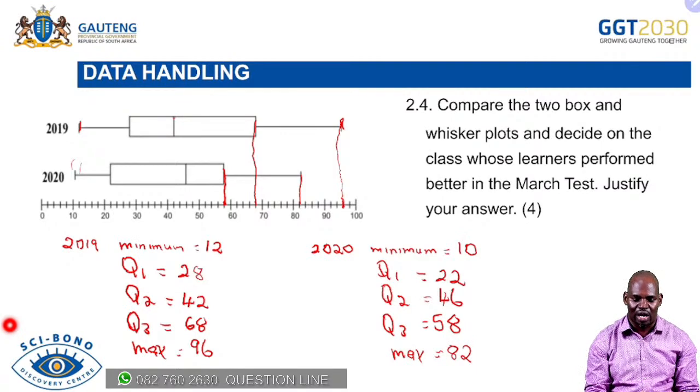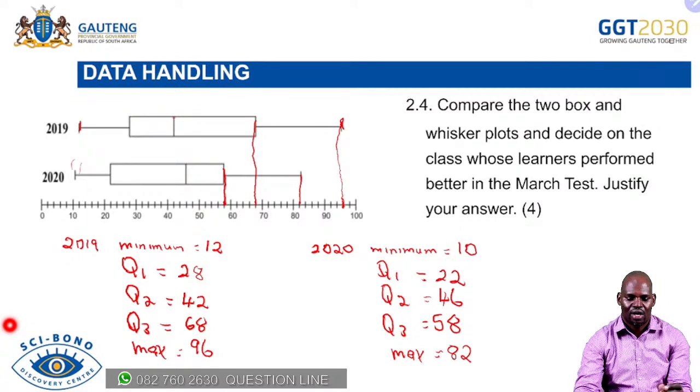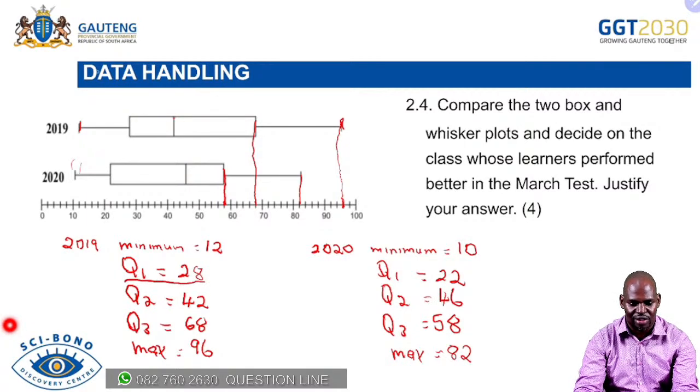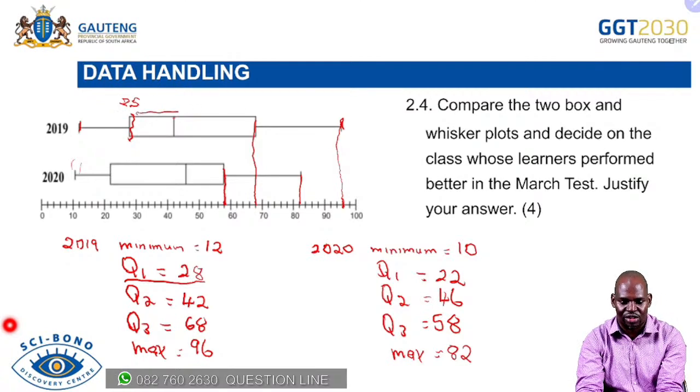Okay, the lowest learner got 12. But what does quartile 1 mean? If it's 28 in 2019, remember we said it is 25%. So it means 25% of learners got 28 and less, and then 75% of the learners, the remaining percentage.